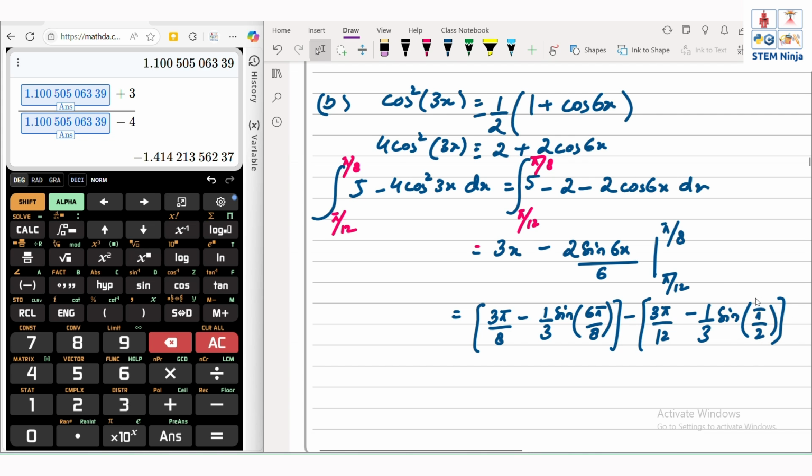Sine pi by 2 is 1 basically. So you have 3 pi by 8. This is 3 over 4 pi.